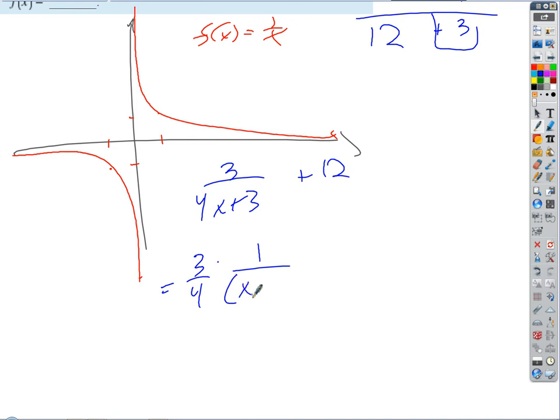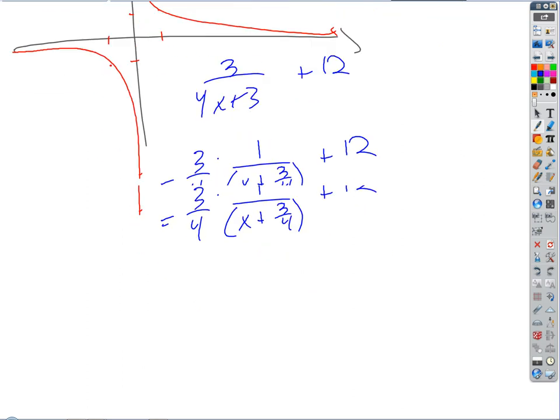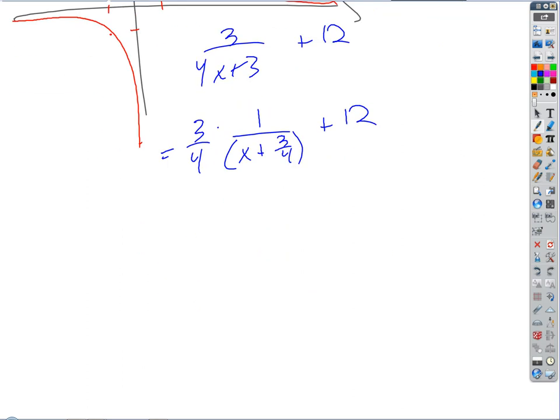What's this term going to be? 3 over 4. Yeah. Okay, does that make sense? Plus 12. So we end up then with a is 3/4, h is negative 3/4, and k is 12, right? Does that make sense? Okay.